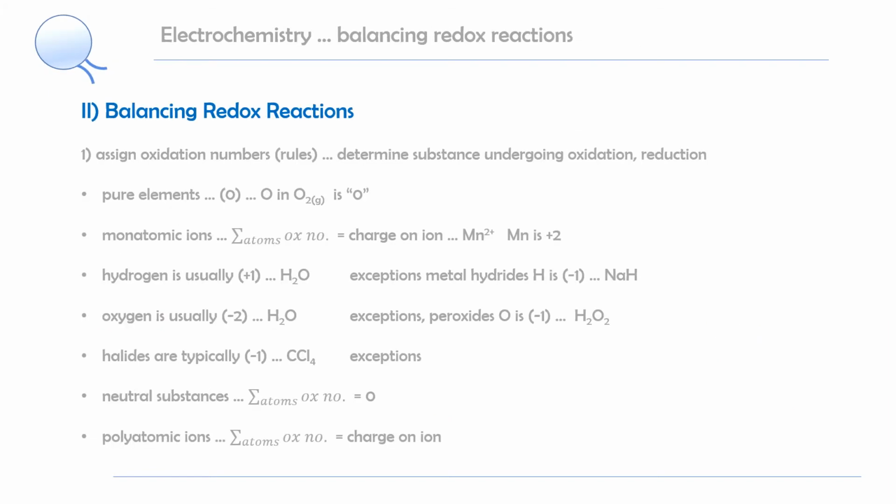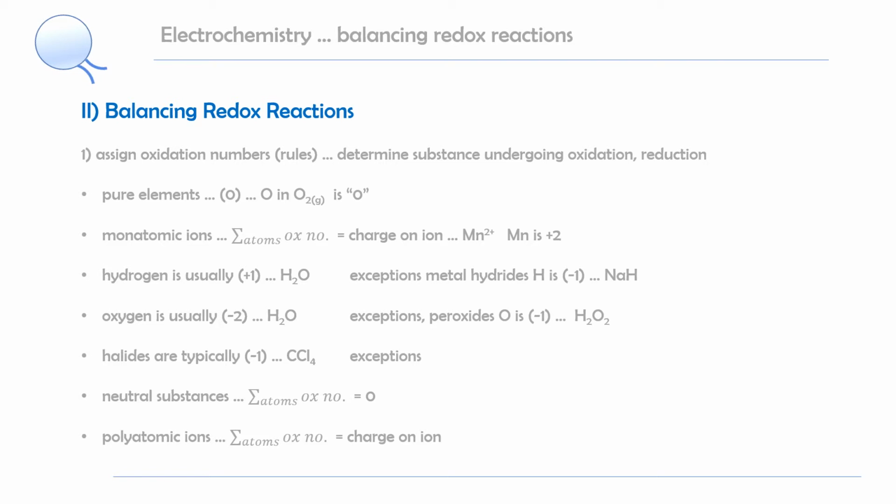All right, so the first important thing that we need to learn to do is to balance redox reactions. So, the first thing about a redox reaction is we need to know if it's a redox reaction or not. To be a redox reaction, we have to have changing oxidation numbers.